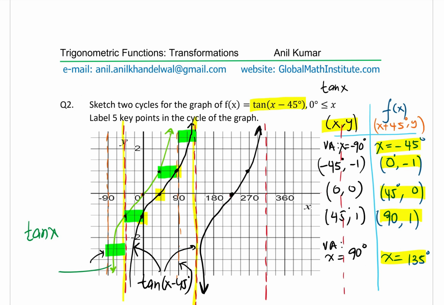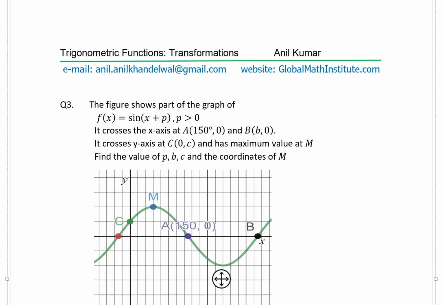Now let's take the next question, which is based on sine. It's a very good question. It says, the figure shows part of the graph of f of x equals sine of (x plus p), where p is greater than 0. So there is a phase shift. The graph has moved left by p units, as is very clear from here, right?